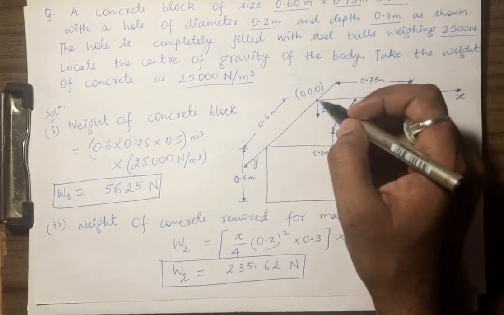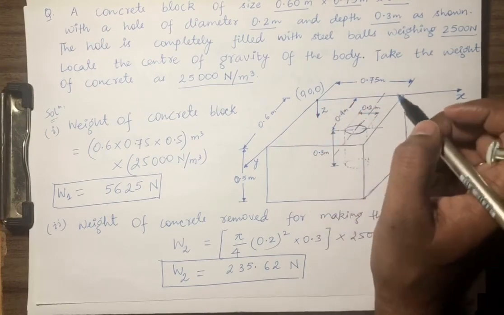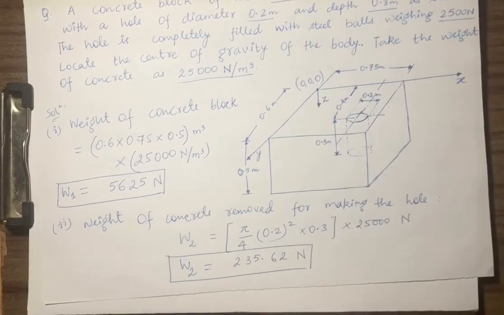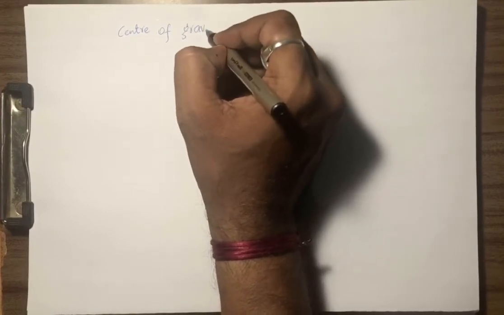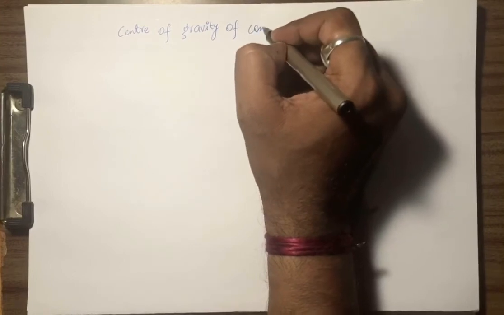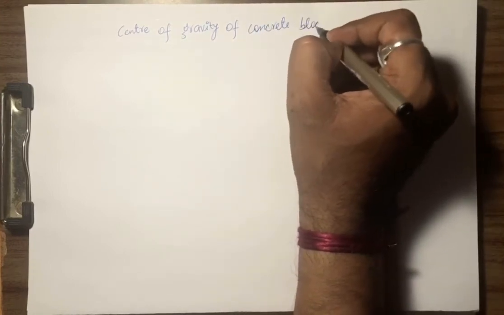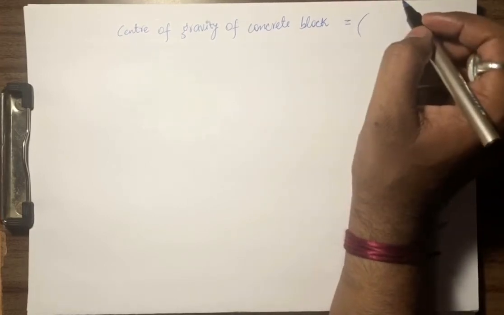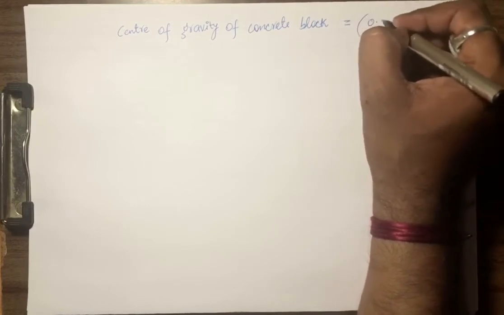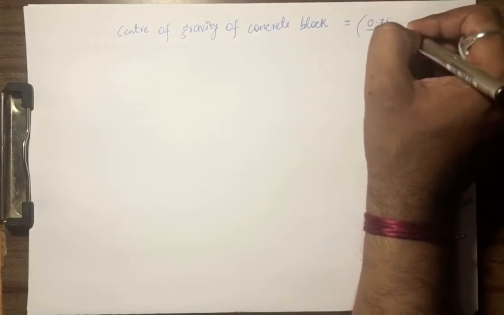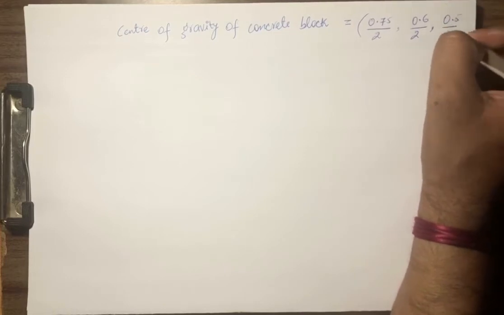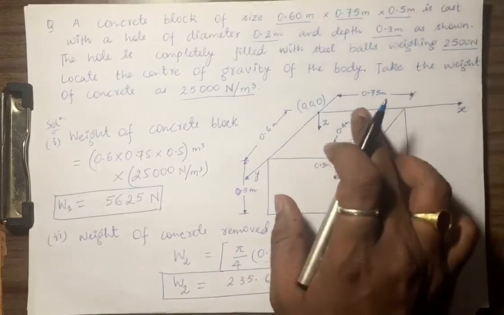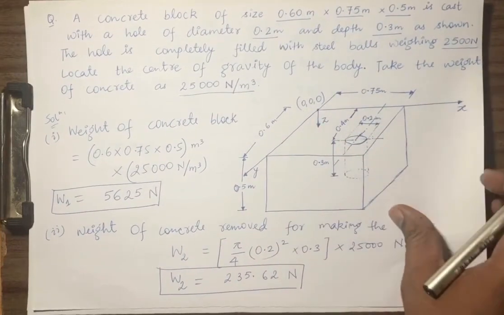If we take this as our reference point, the center of gravity of the concrete block, this full block, will be at x is 0.75 by 2, 0.6 by 2 and 0.5 by 2. Somewhere here it will be located.